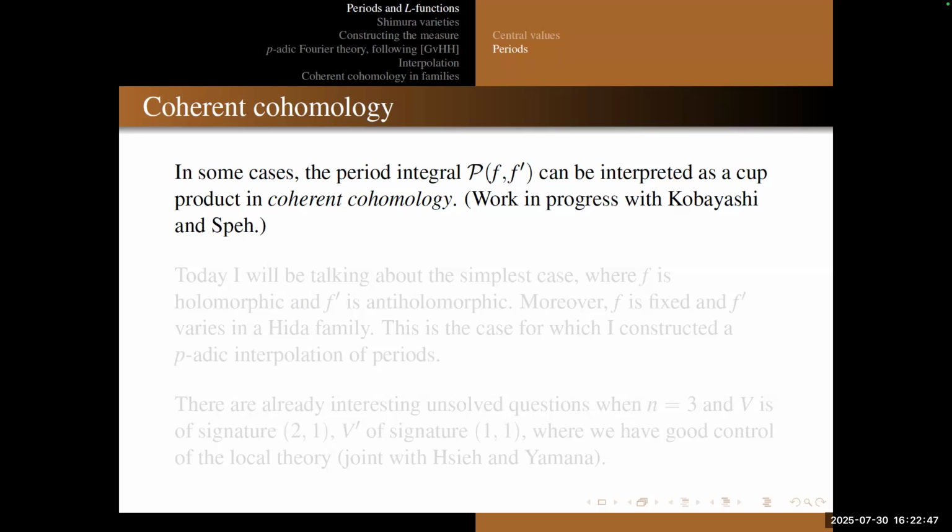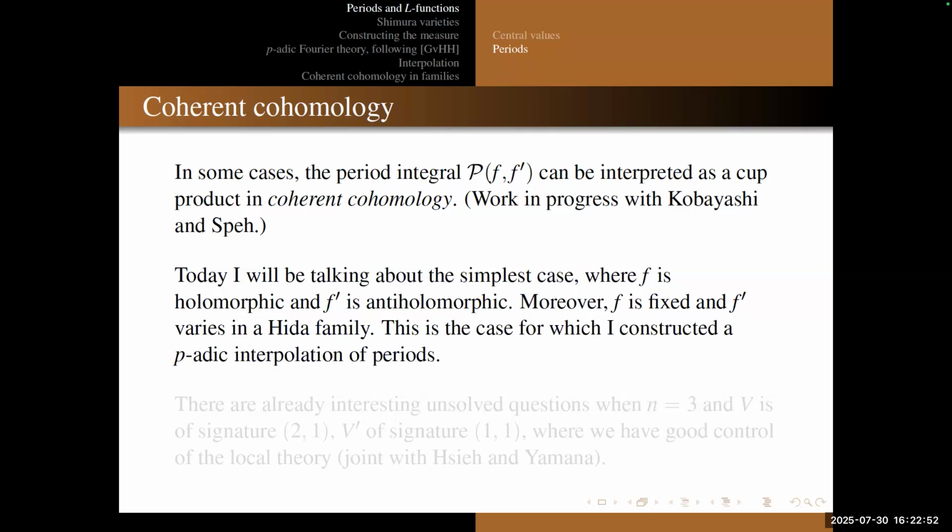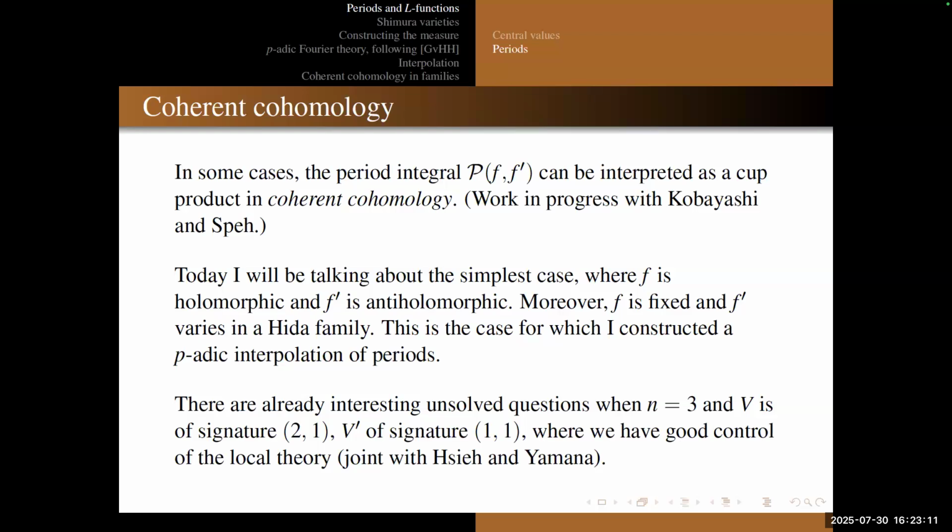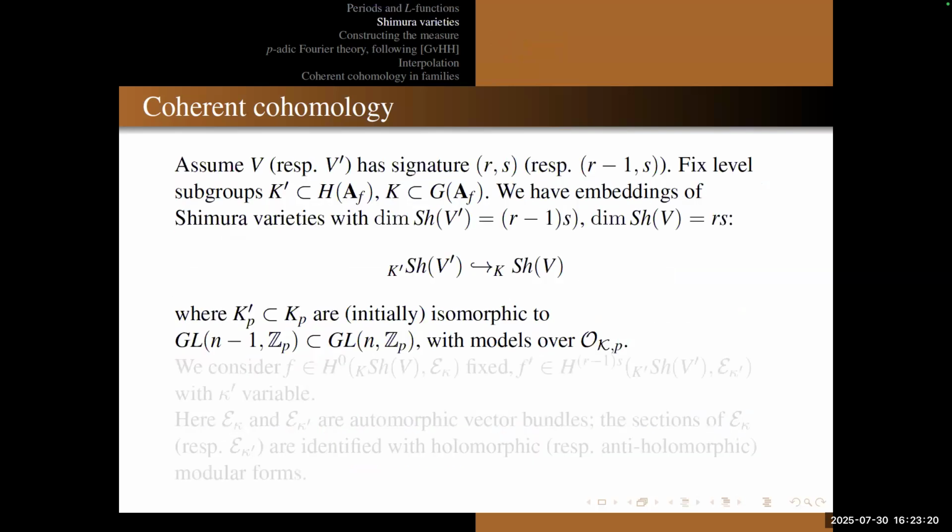So when you restrict it, this integral does automatically interpret as a cup product. But F prime is in a Hida family, so in fact you have to apply some differential operators to the form on the bigger group in order to allow it to pair with families of varying weight. This is a well-known phenomenon for people who are familiar with this sort of thing. And there are already interesting unsolved questions in the case n equals 3, and there's a more developed joint theory with Hsieh and Yamana, which I will not get to talk about.